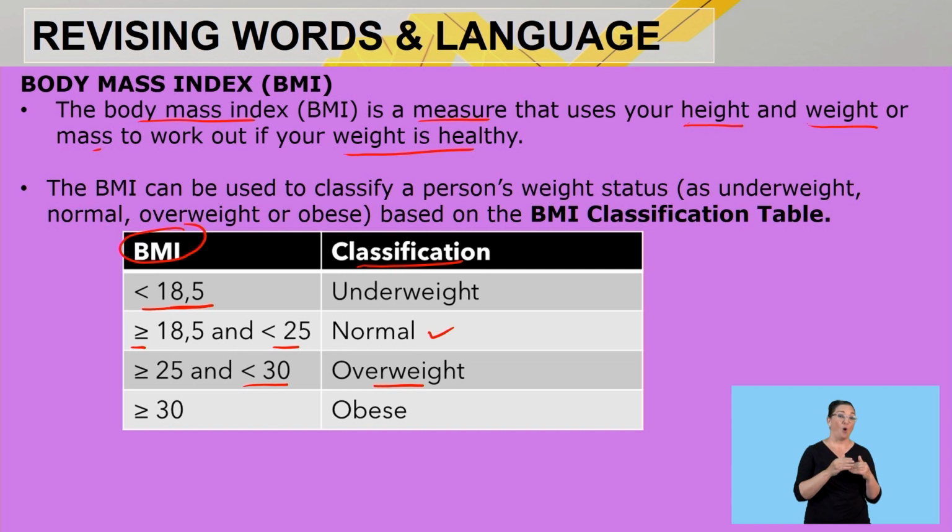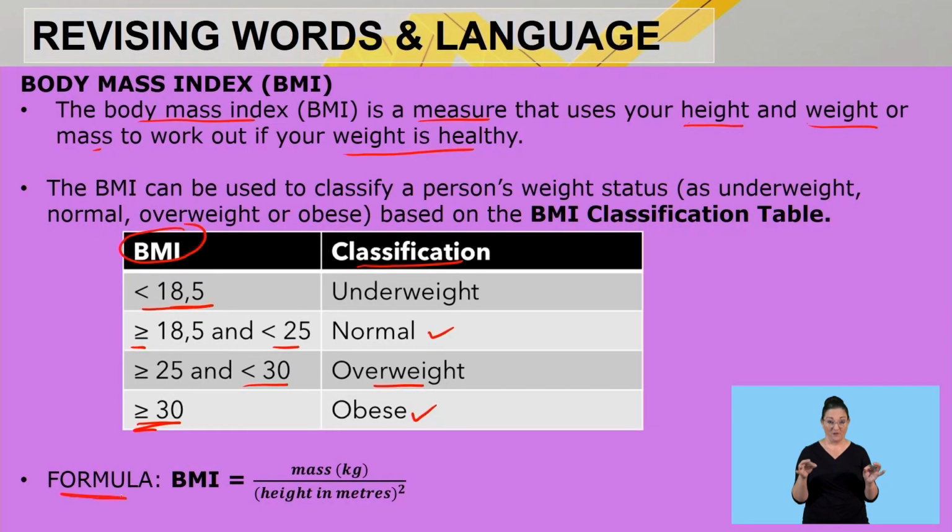And then equal to and anything more than 30 is classified as obese. Guys, I hope this is making sense to all of you. We will look at this as we continue with our lesson. And then lastly, just to confirm again, the formula that we use to calculate body mass index is we take our mass in kilogram divided by our height in meters squared. All right, I know it's a mouthful.